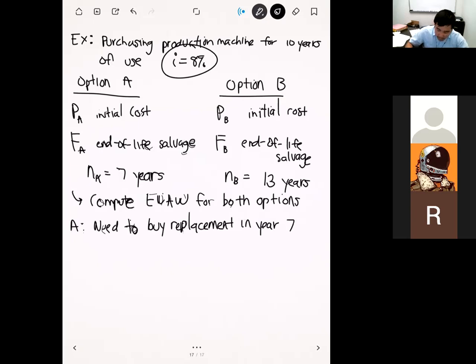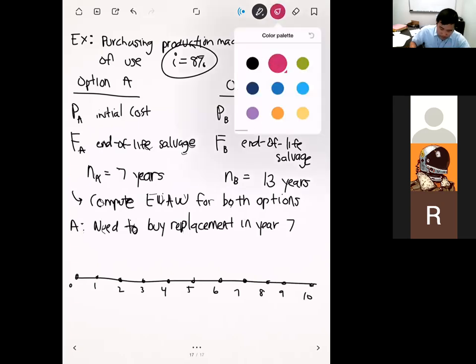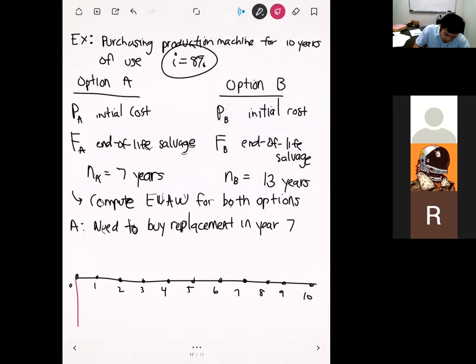The cash flow diagram looks something like this. Initially we're going to purchase option A, so this is going to be P sub A right here.